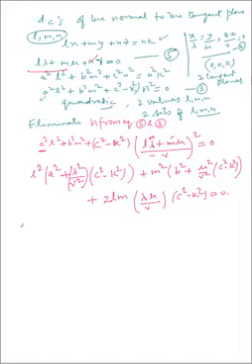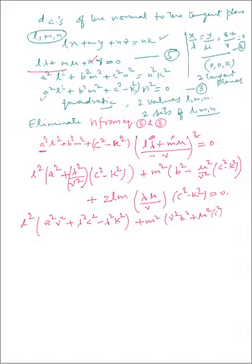So this comes l square a square nu square plus lambda square c square minus lambda square k square, plus m square b square nu square plus mu square c square minus mu square k square, plus 2lm into lambda mu into c square minus k square is equal to 0.